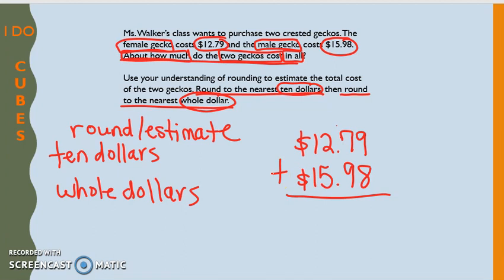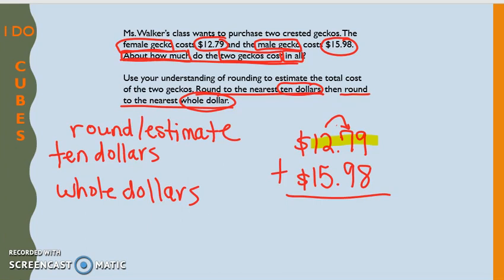So in order to do that, we're going to look first at $12.79, and we're going to decide that we have a 7 in the tenths place, and that's going to determine, do we round to 10 or do we round up to 20?